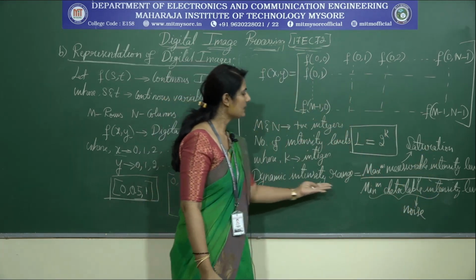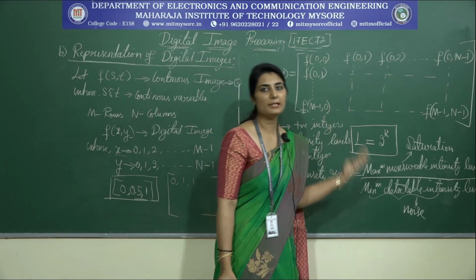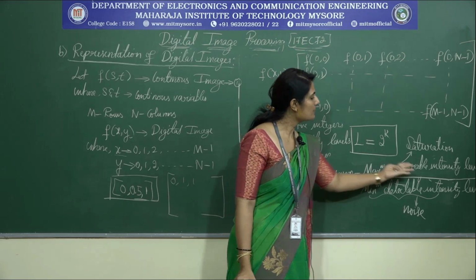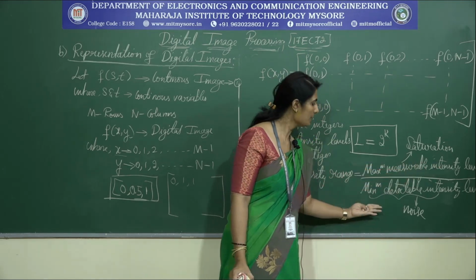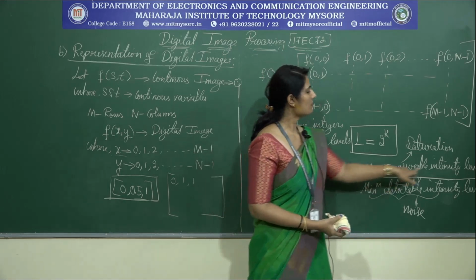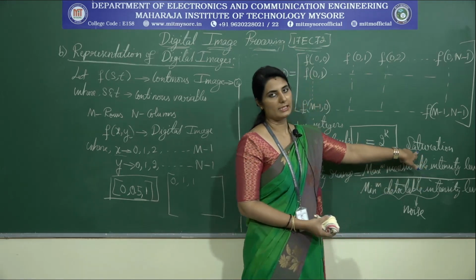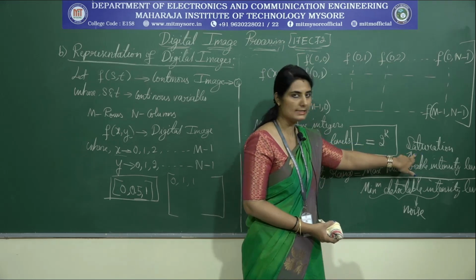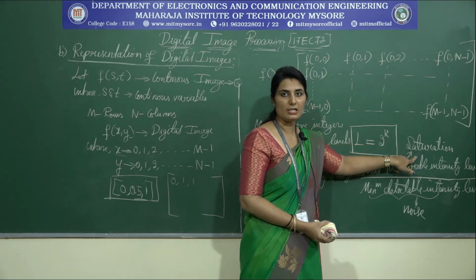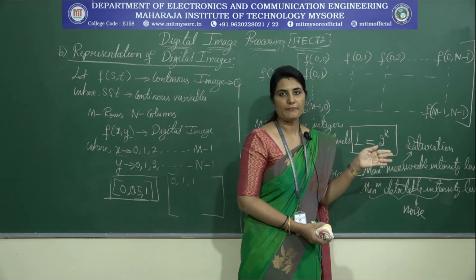So dynamic intensity range describes the maximum and minimum limits of the intensity level, and it is the ratio of the maximum measurable intensity level to the minimum detectable intensity level. The maximum measurable intensity level is nothing but saturation, which means the intensity level beyond this saturation level is clipped off.